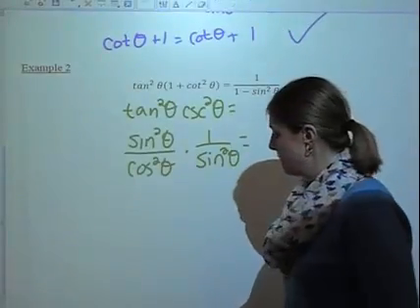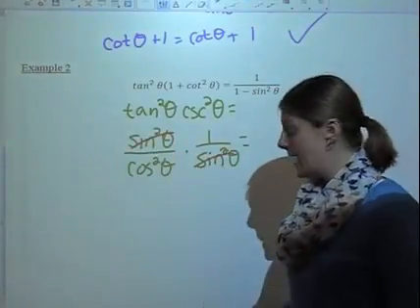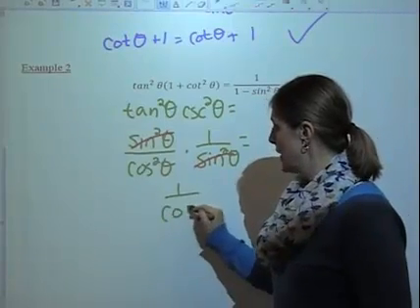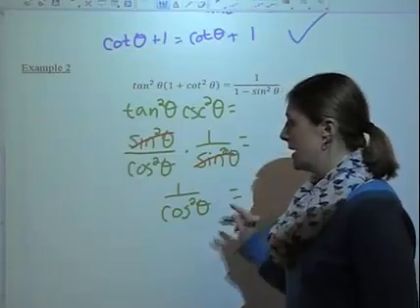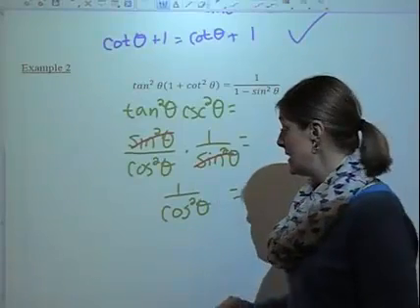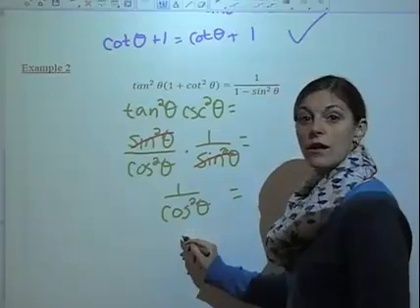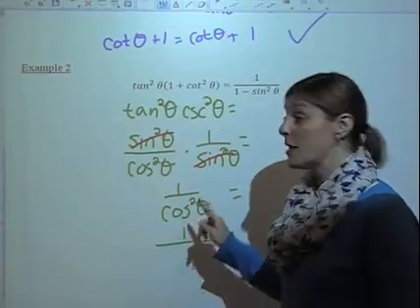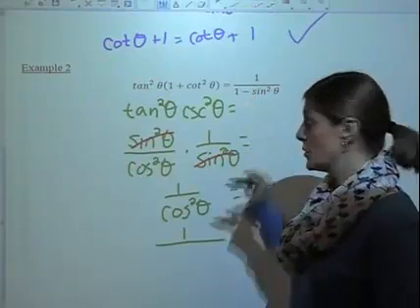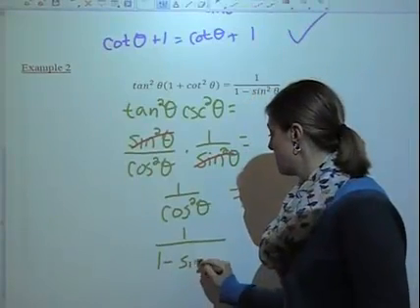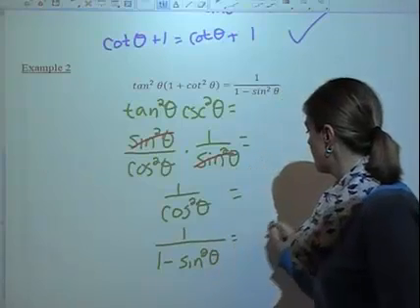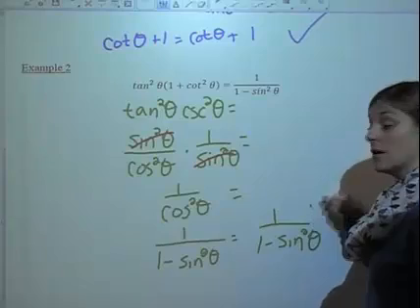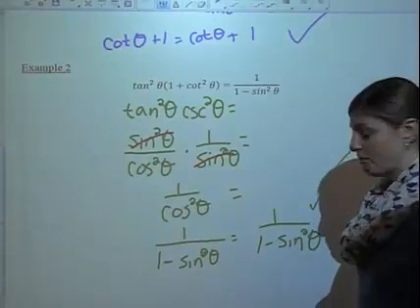And then your sine squareds are going to cancel out, and you get 1 over cosine squared theta. Now remember, with Pythagorean identity, we know that cosine squared is the same thing as 1 minus sine squared. So now you have verified that one.